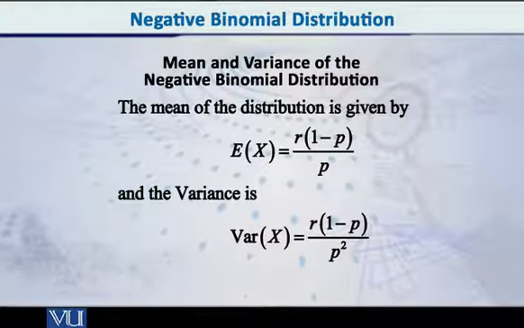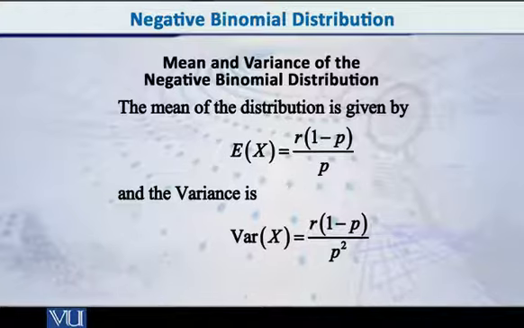And what about the variance? The variance is equal to r into (1 minus p) over p squared. और उसका जब आप स्क्वायर रूट ले लेंगे तो जाहिर है कि आपको स्टैंडर्ड डिविएशन मिल जाएगी.